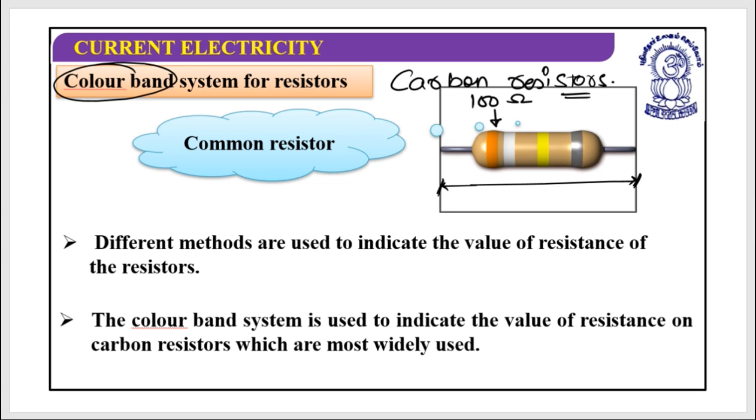We have differentiated all four bands and given them certain codes, and when I evaluate these codes and this pattern, what the first band is talking about, what the second band is talking about, what about the third and fourth, I can get the value of a resistance, so I can find out whether it is of 100 ohm or not. So how can the color band diagram be decoded? Let's have a look.